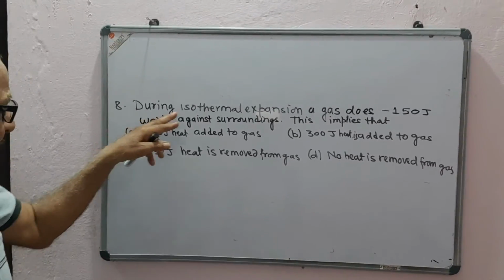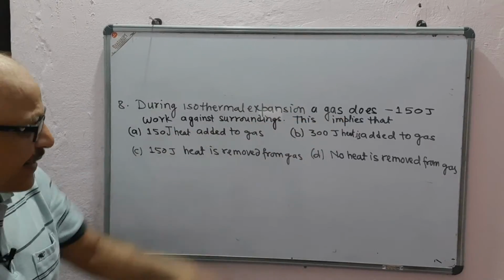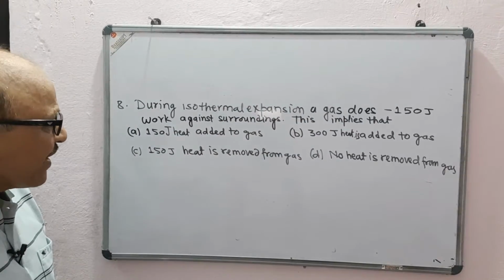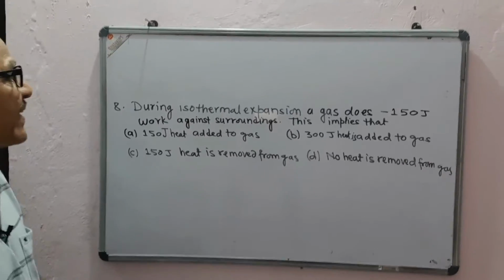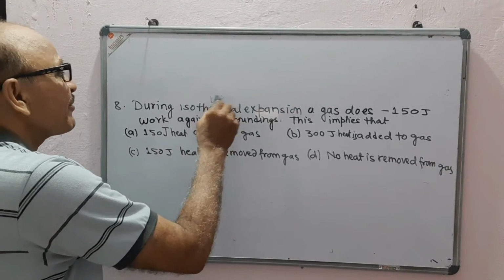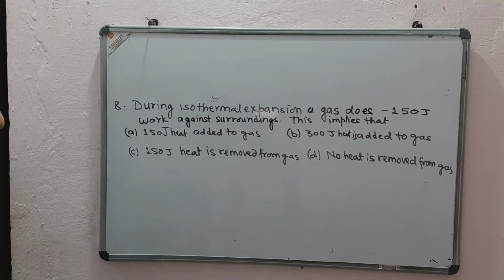Question number 8 is, during isothermal expansion a gas does 150 joule work against surroundings. The process is isothermal. Therefore internal energy change will be 0.